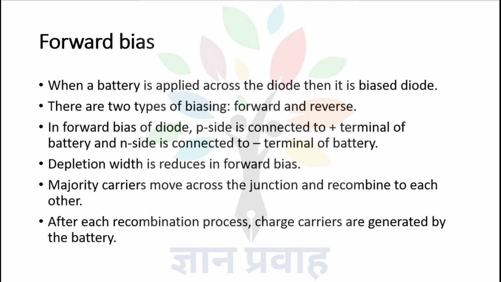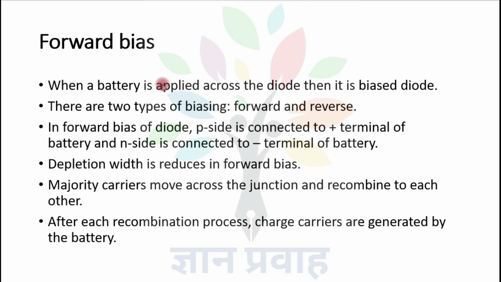In another case of PN junction diode, when we apply external voltage across the PN junction diode, then there are two possibilities: it is in forward bias or it is in reverse bias. So in case of forward bias, the applied battery is connected in such a way that the positive terminal of the battery is connected to P side and the negative terminal of the battery is connected to N side.